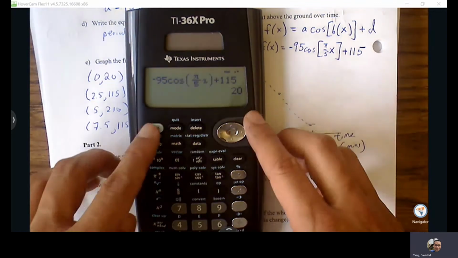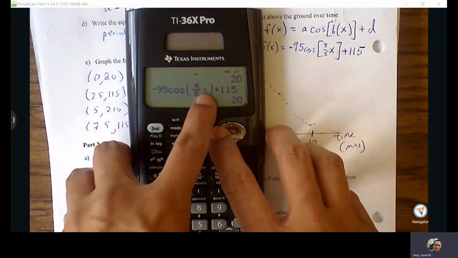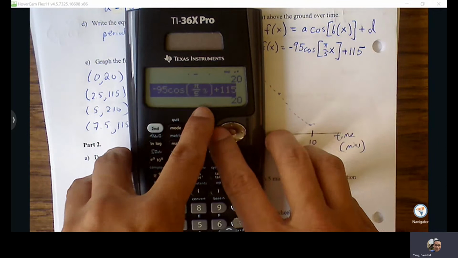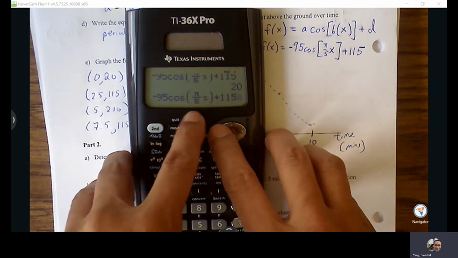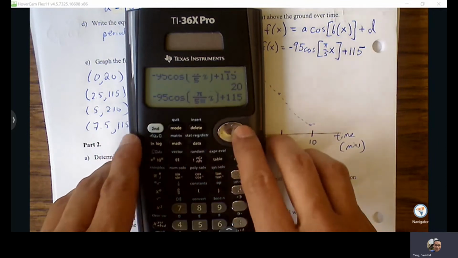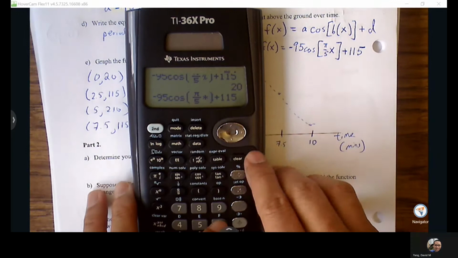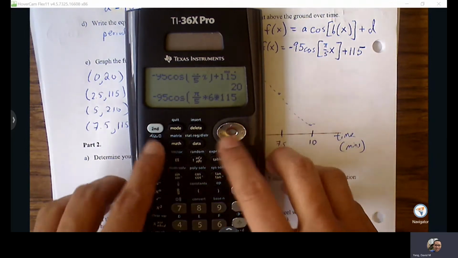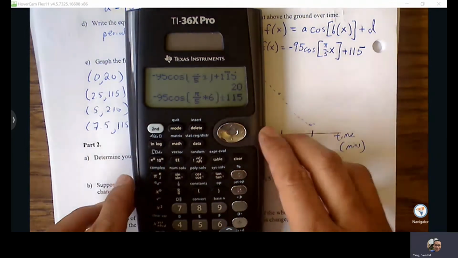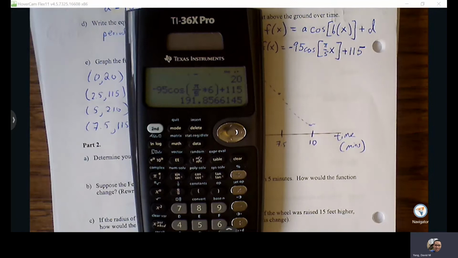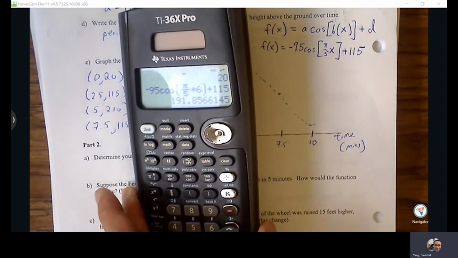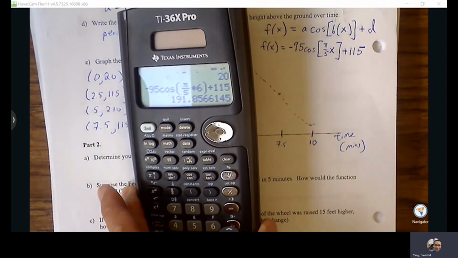I think I messed up here. Sorry, I should have put in 6 for x, right? Because we're plugging 6 in for x. So I'm going to say times 6. Did you just do parentheses? You don't do brackets? That's right.